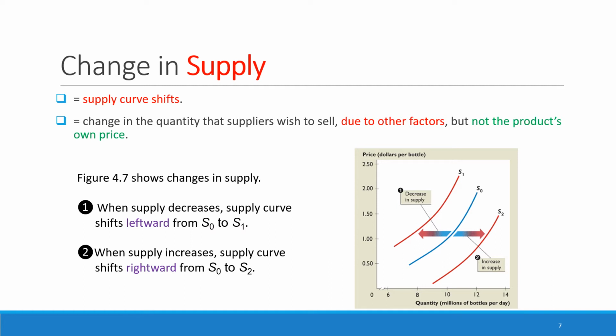Therefore, supply decreases, which shifts the supply curve leftward from S0 to S1. On the other hand, when production cost of bottled water decreases, it is cheaper to produce bottled water. The existing firms will increase supply of bottled water, which shifts the supply curve rightward from S0 to S2.